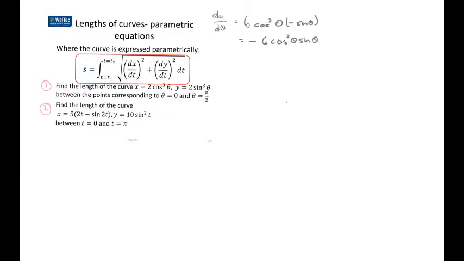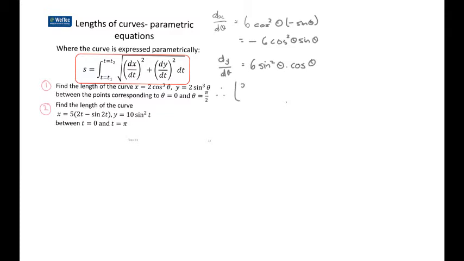We also need to find dy by d theta, which would be, so y is 2 sine cubed theta, so the derivative of that would be 3 times 2, which is 6 sine squared theta times the derivative of sine, which is cos. I'm just using the chain rule there for both of those. Now I need to find the square of each of those derivatives and add them. So let's just do that.